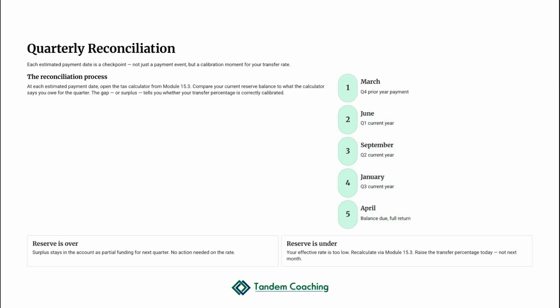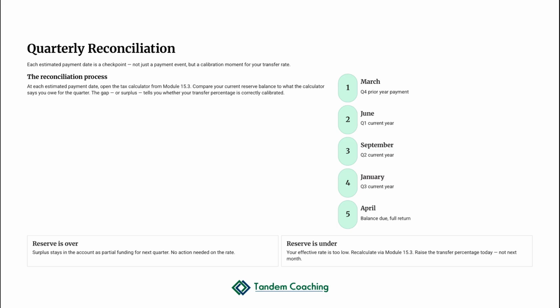Quarterly reconciliation is the feedback loop the system runs on. 4 times a year, March, June, September, January, at the estimated payment date, compare what is in the reserve against what the calculator says you owe. Over means your effective rate is slightly high or revenue was lighter than projected. The surplus stays as next quarter's partial funding.